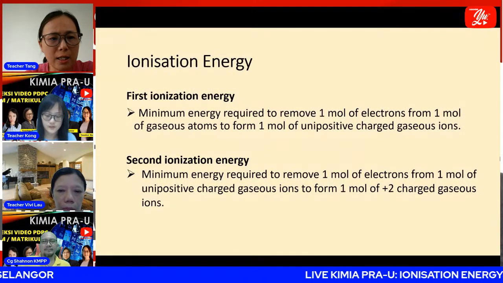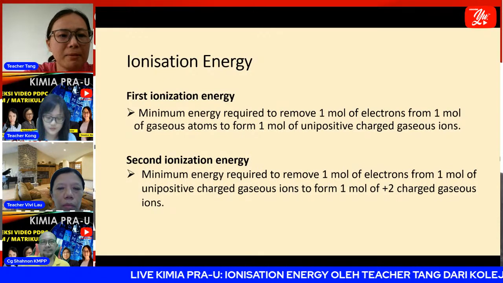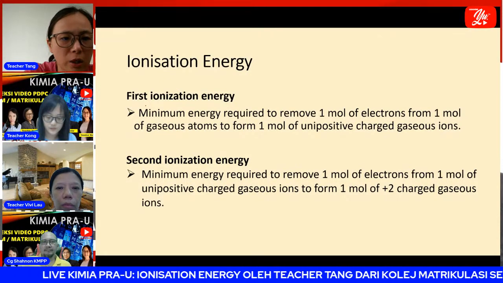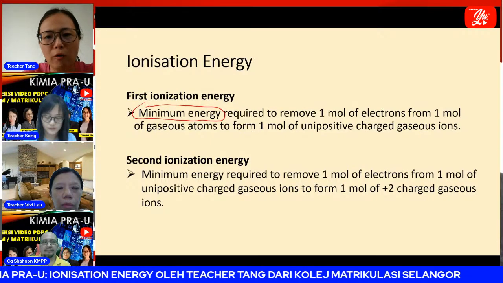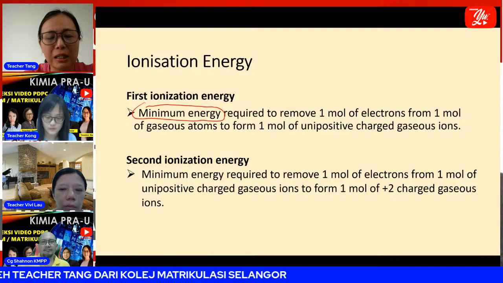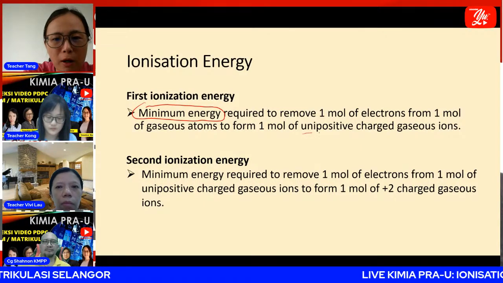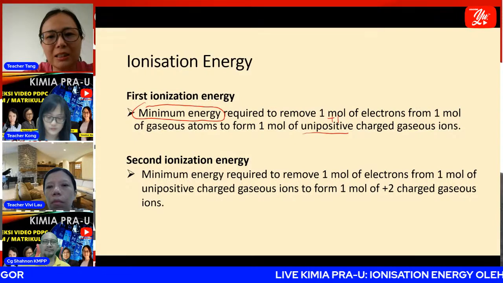First ionization energy refers to the minimum energy required to remove 1 mole of electrons completely from 1 mole of gaseous atoms to form 1 mole of unipositive charged gaseous ion.